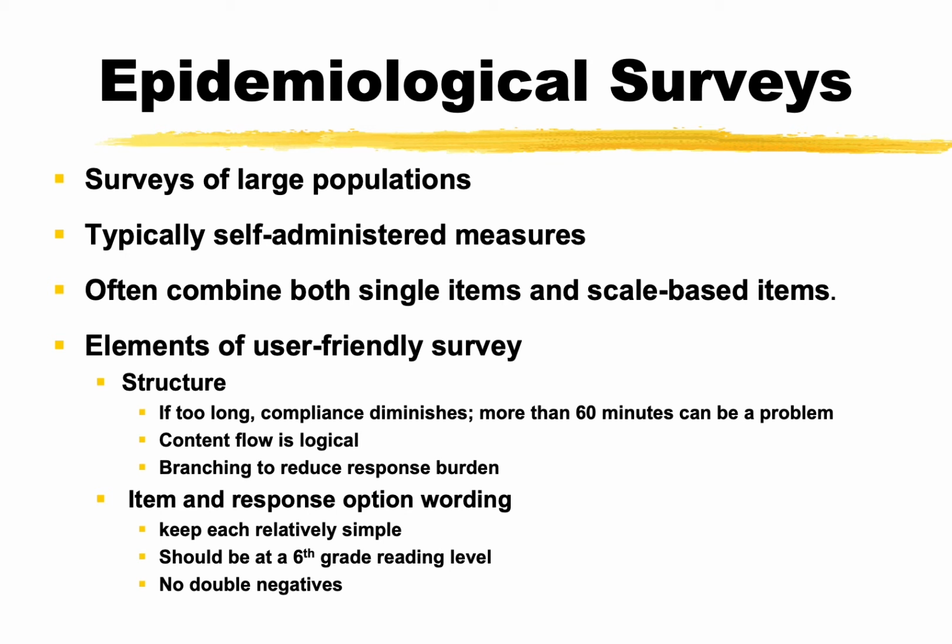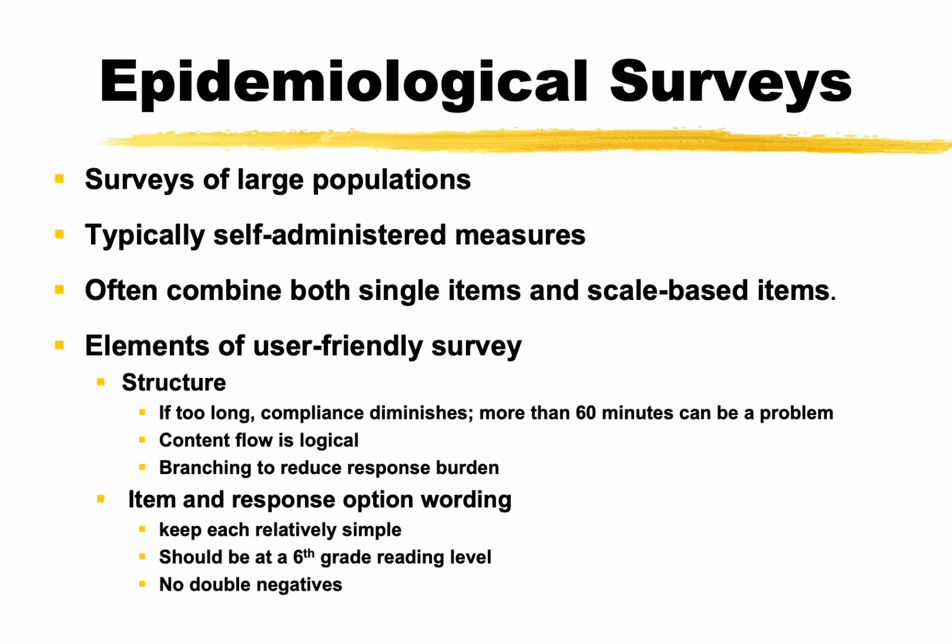A reliable and valid survey that probably is also user-friendly often follows some basic principles. One set has to do with the structure of the instrument. If it's too long, compliance is going to be diminished. A survey that takes more than 60 minutes can be a problem.